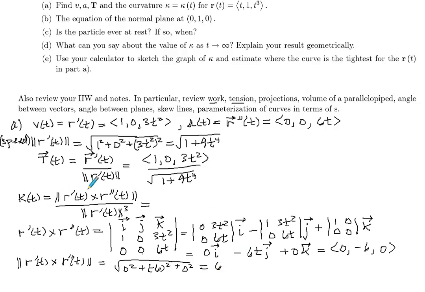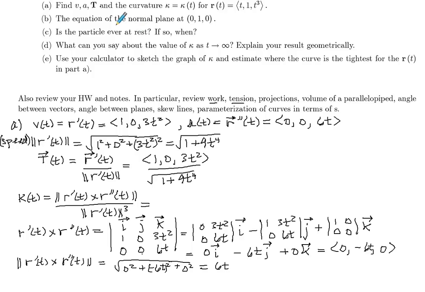So this length up here is 6. Oh, I'm sorry, 6t. This is a negative 6t, and this will be a 6t. That gets squared, so that gives 36t squared, and then take the square root, you're going to get 6t as long as t is positive.